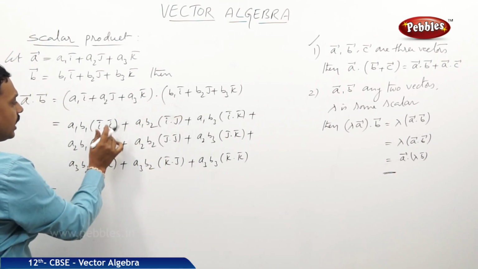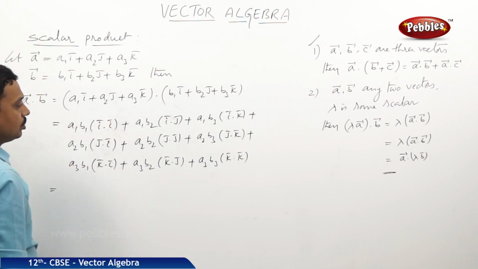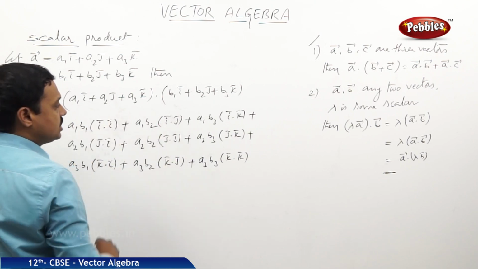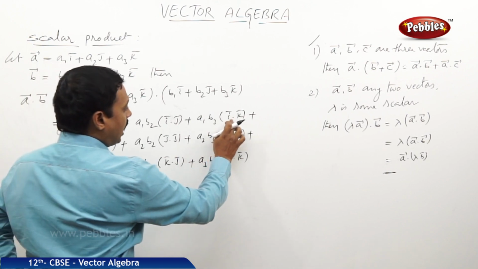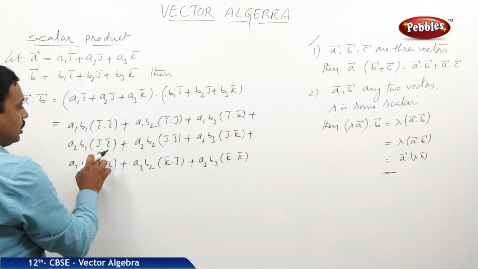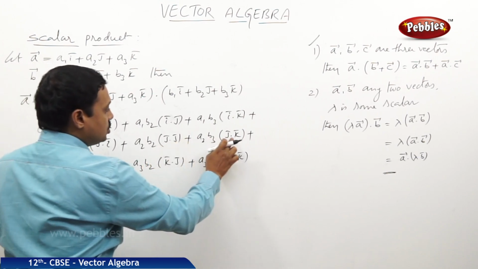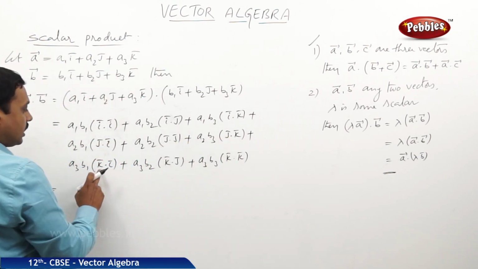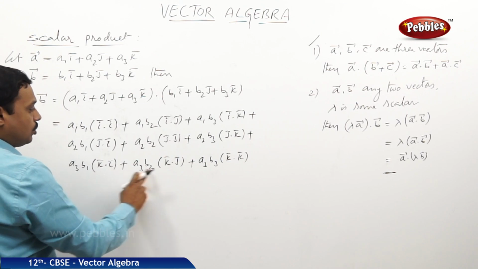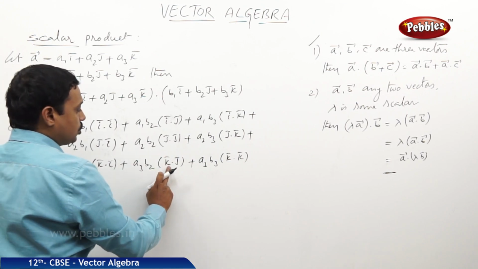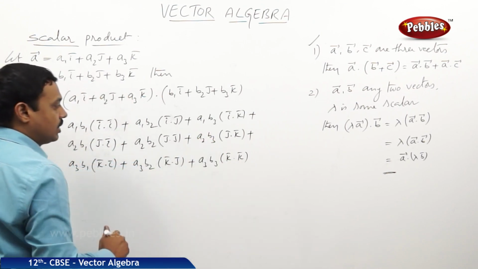But already you know that i dot i is equal to 1, i dot j is equal to 0, i dot k is equal to 0, j dot i is equal to 0, j dot j is 1, j dot k is 0, k dot i is equal to 0, k dot j is equal to 0, k dot k is equal to 1.